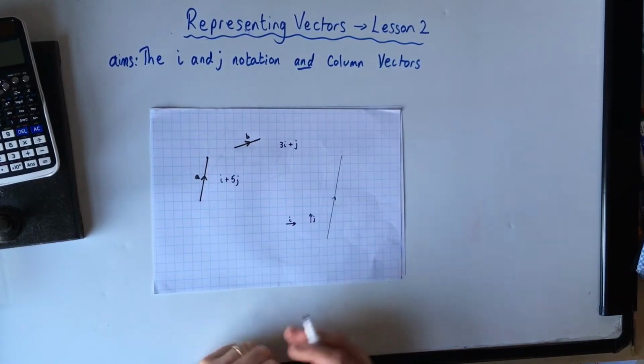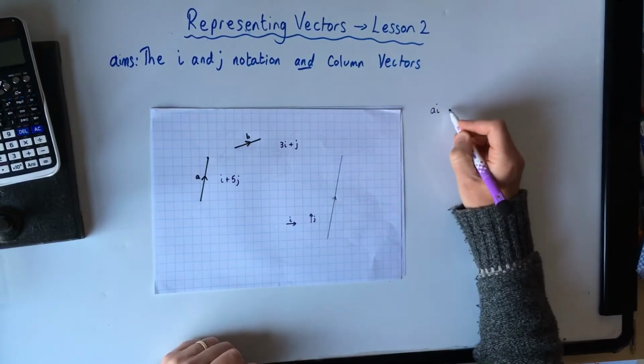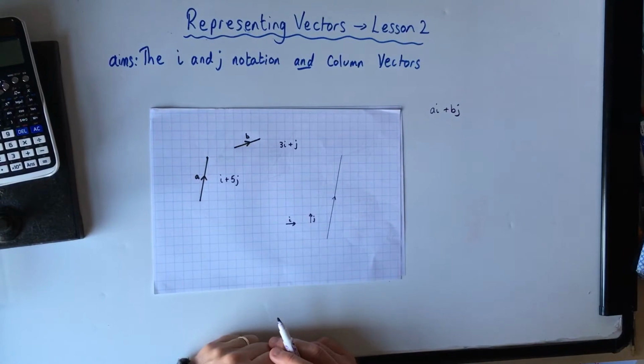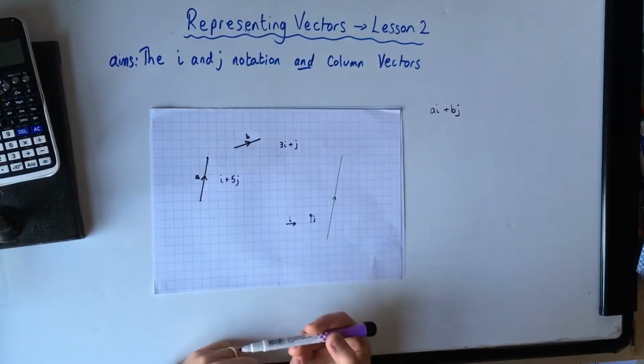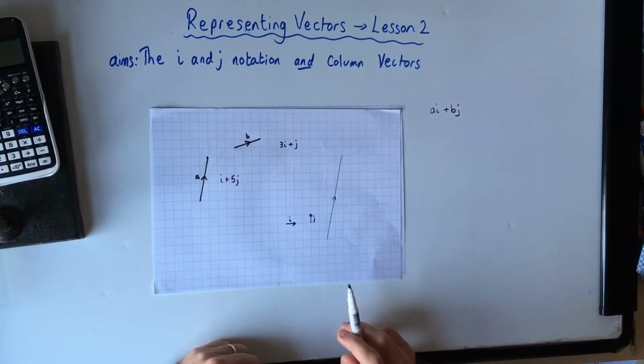And that's it. So i and j always look like this: it's always ai plus bj, so there's always a number there and a number there. Of course, this could be negative if it's going the other way. So minus i would be 1 in that direction, and minus j 1 down. So it's just like x and y, but we use i and j.